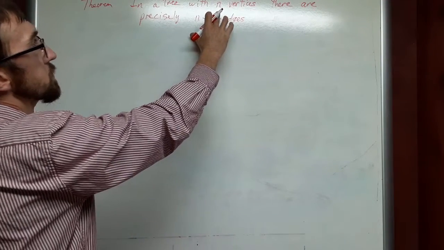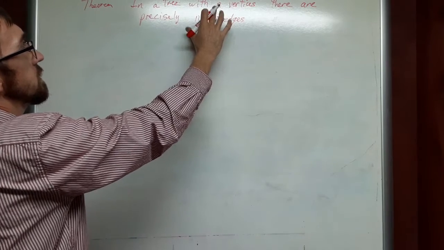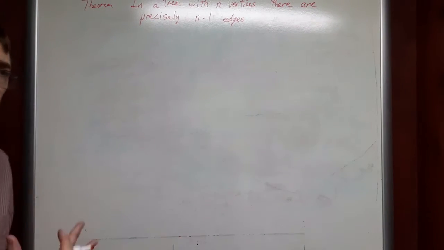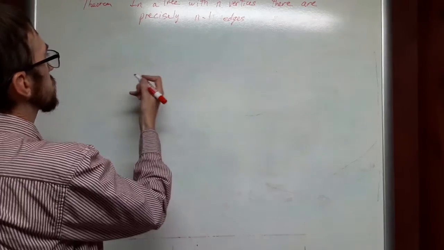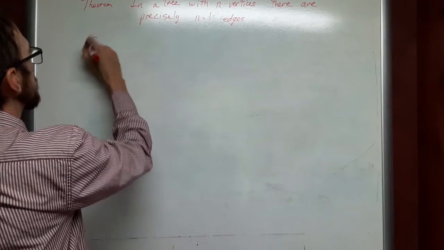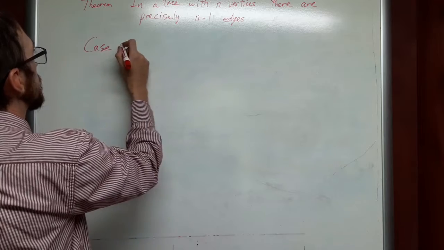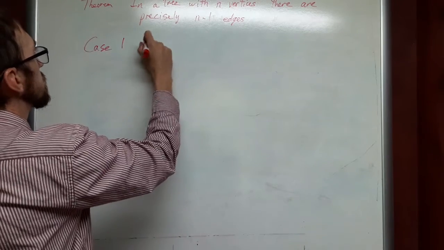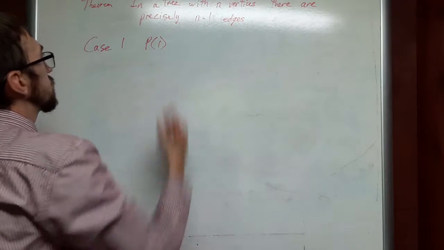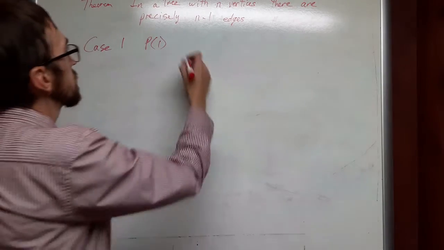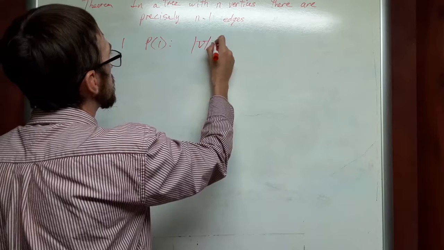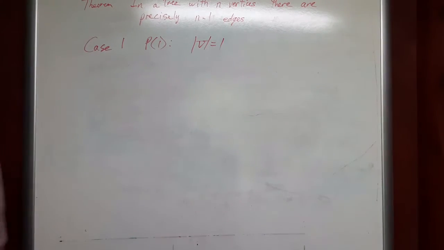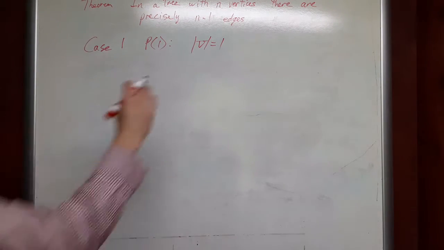We are only restricted to n vertices here, so we can start with that trivial tree of 1 vertex. So what happens if we have that? 1 vertex. So our set of vertices has order 1.